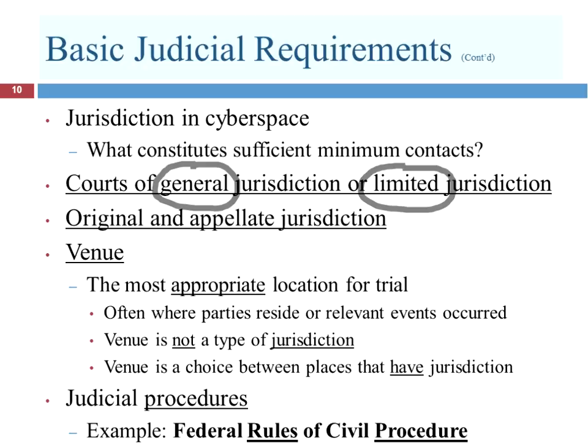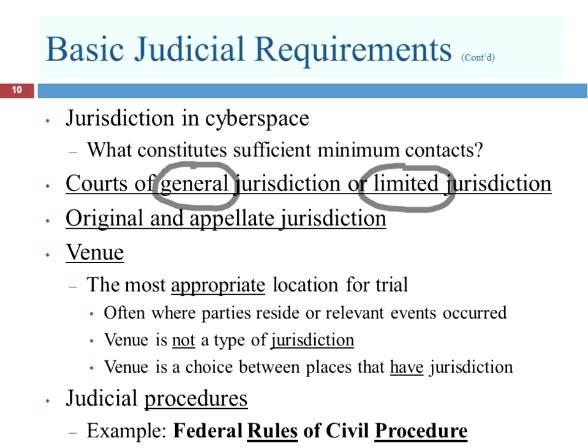A court of general jurisdiction is what most courts are in our system. For example, if I file a lawsuit in a district court, say in Collin County, that court is going to hear lots of different topics. It will hear car accident cases, divorces, criminal matters, contract disputes.